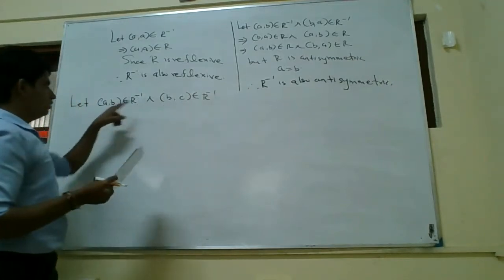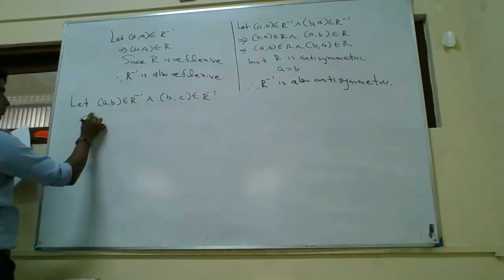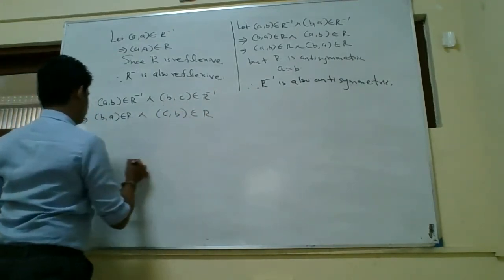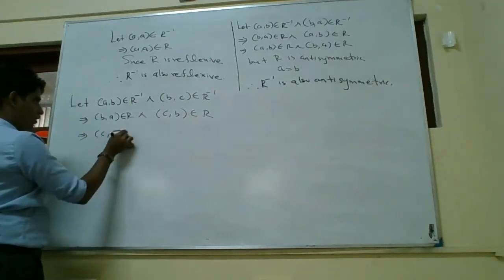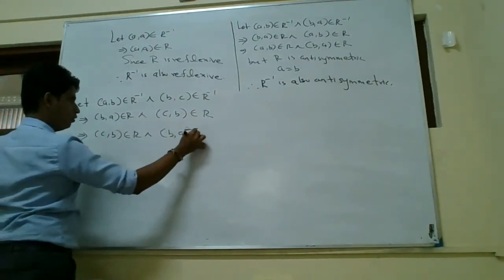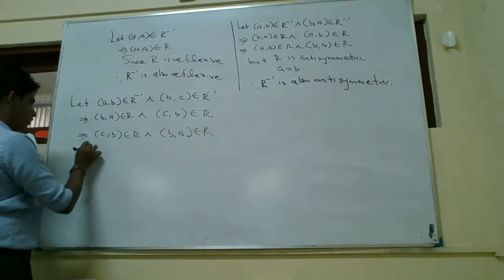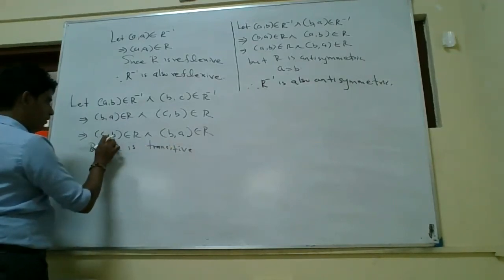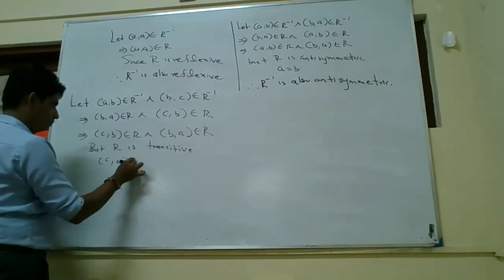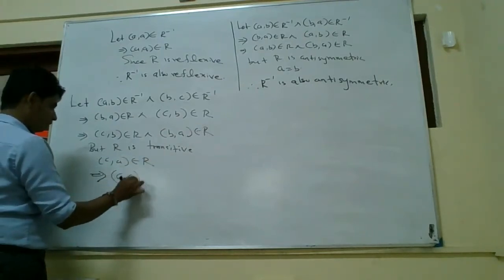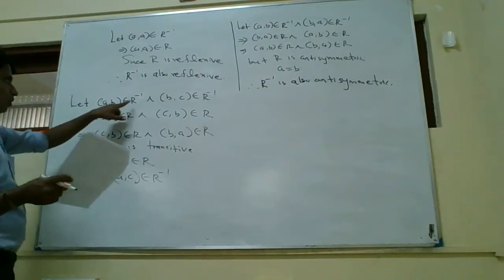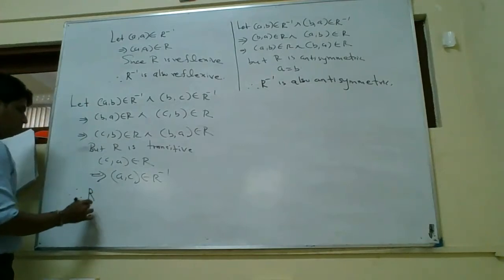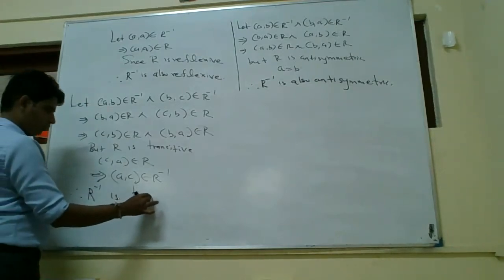You want to show that (a, c) belongs to R inverse. (a, b) in R inverse means (b, a) belongs to R, and (b, c) in R inverse means (c, b) belongs to R. Now (c, b) belongs to R and (b, a) belongs to R. R is transitive, therefore (c, a) belongs to R, and this implies (a, c) belongs to R inverse. Therefore R inverse is transitive.